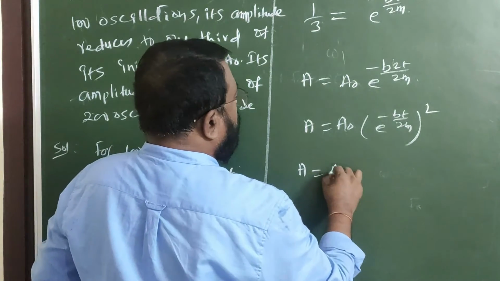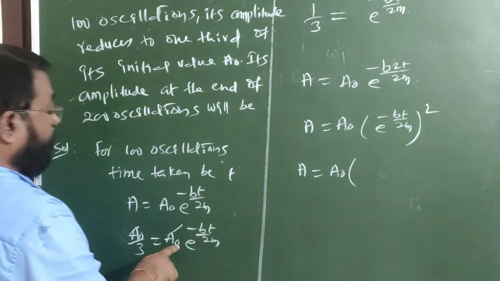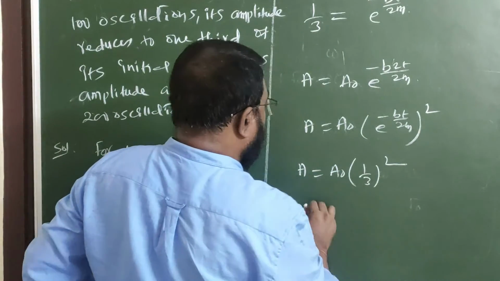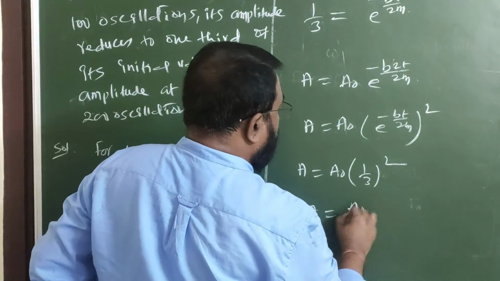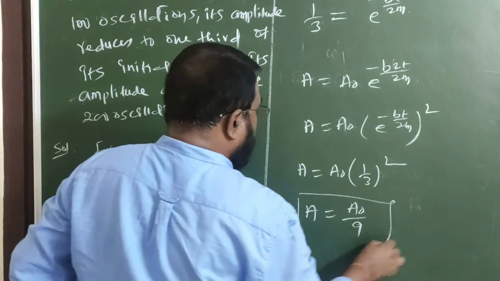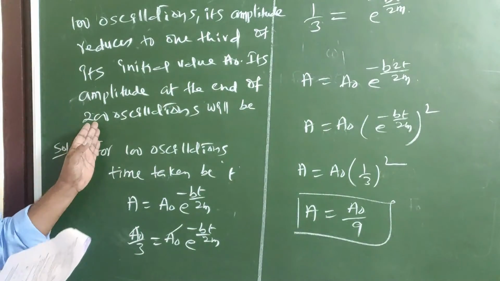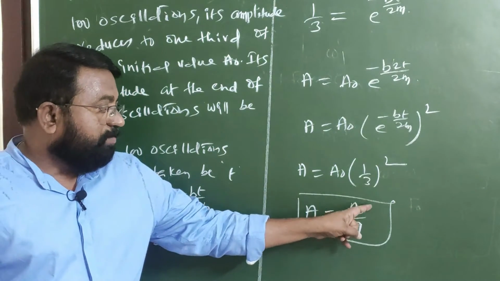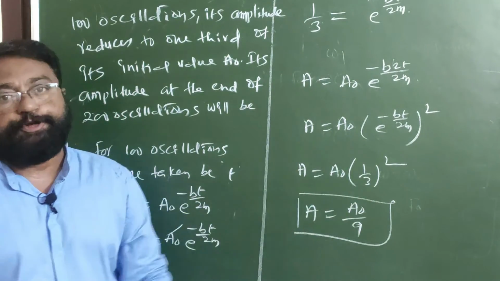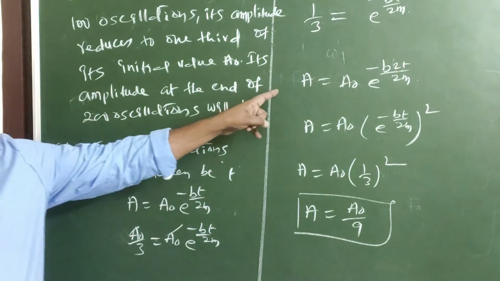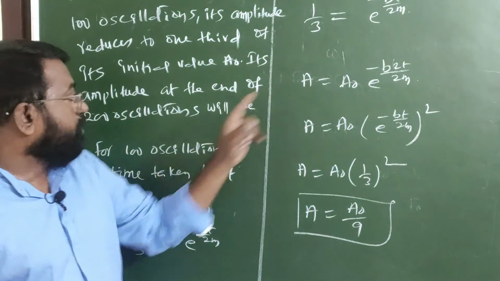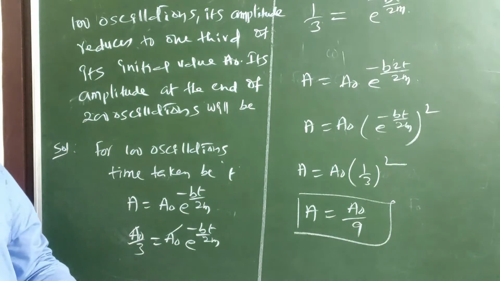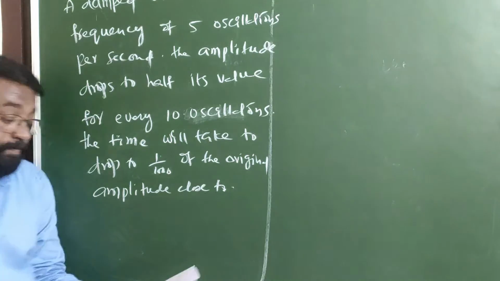Therefore A is equal to A0 into 1 by 3 whole square. Therefore A is equal to A0 by 9. This means in 200 oscillations the amplitude becomes 1 by 9th of the initial amplitude. So this is a problem based on amplitude, A is equal to A0 into e to the power of minus bt by 2m.